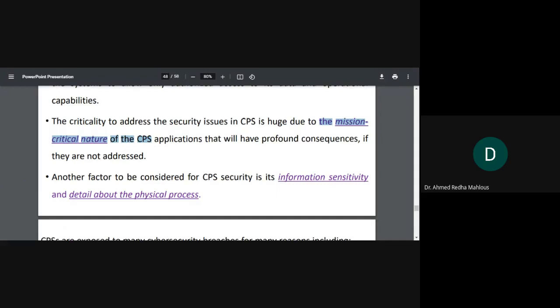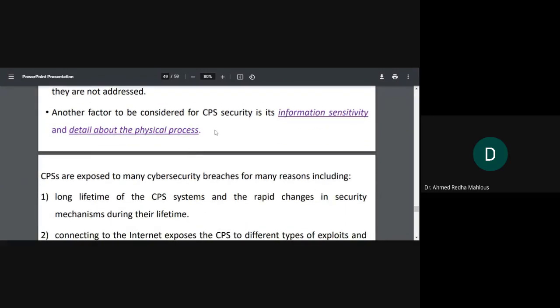Devices that are part of critical infrastructures need more secure measures, because if there is any problem, there will be a big impact on the economy, on people's lives and other things. So it is very important to design a security procedure or a security policy specifically for those CPS devices.